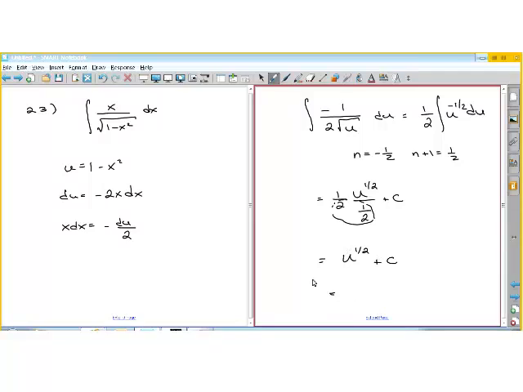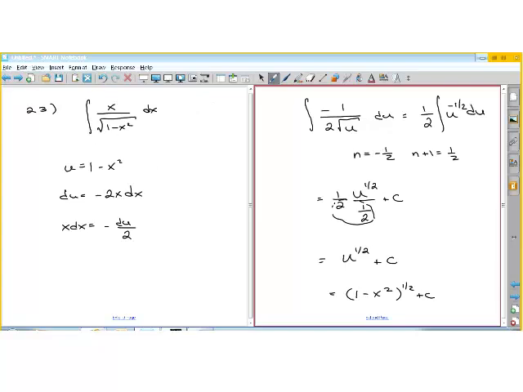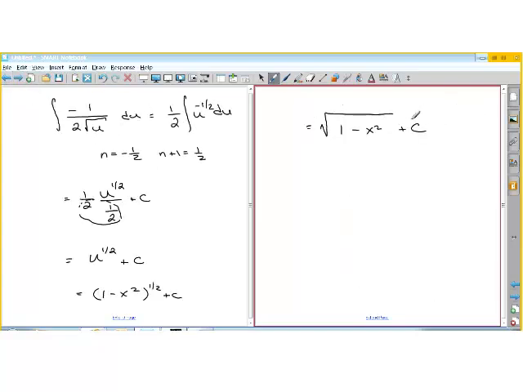And u is, we go back over here, 1 minus x squared to the 1/2 power. And this is the one instance where we actually go back and rewrite this as a square root. So the square root of 1 minus x squared plus c. So the original integral of this is that, the antiderivative.